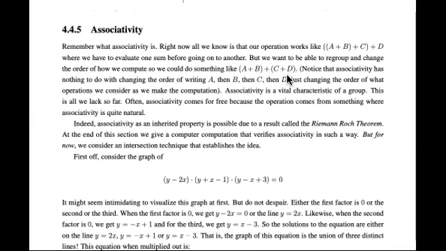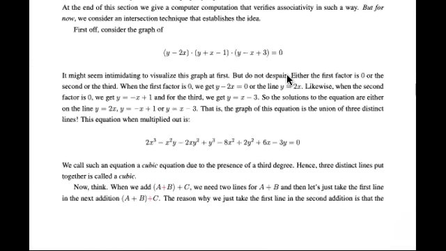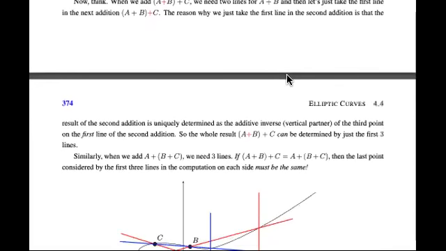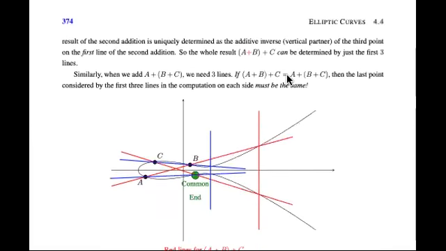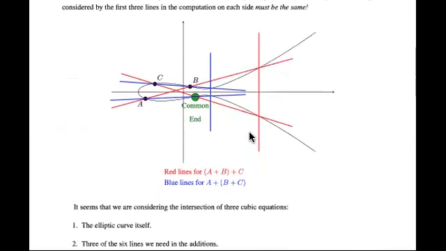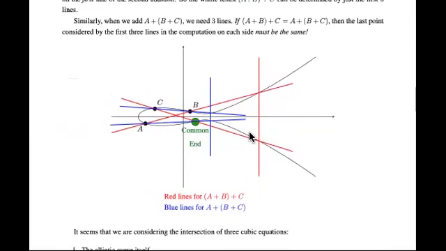We wouldn't be able to regroup. So we really do need associativity in order for this operation to be nice, especially if we want this to be a group. Okay, so that's kind of what we're looking at.